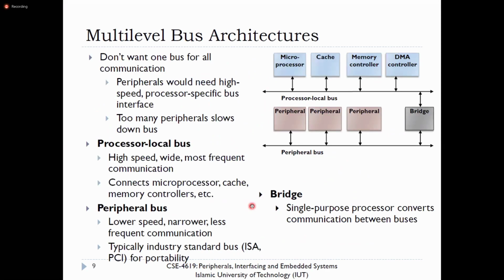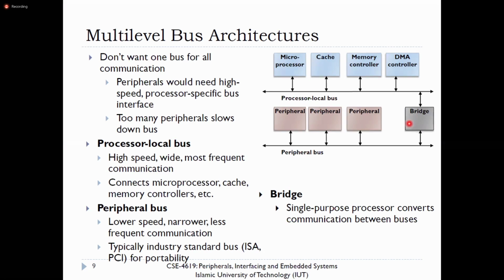And we have also talked about the multi-level bus architecture. This architecture is usually followed by large scale embedded systems, where we have to use some bridging circuit, and this bridging circuit plays the role of priority arbitration.